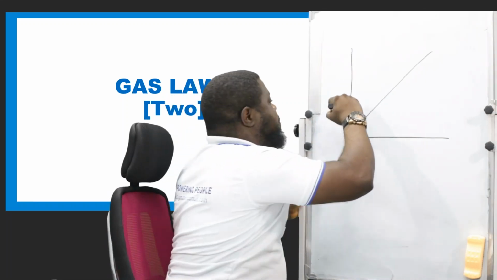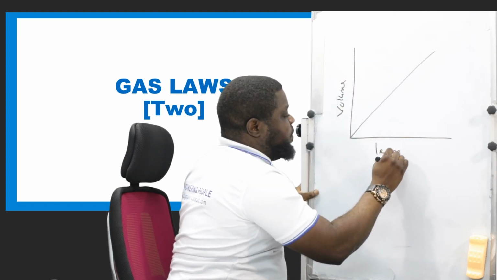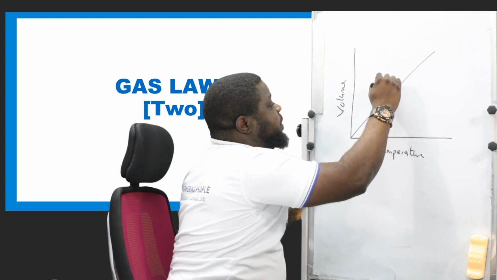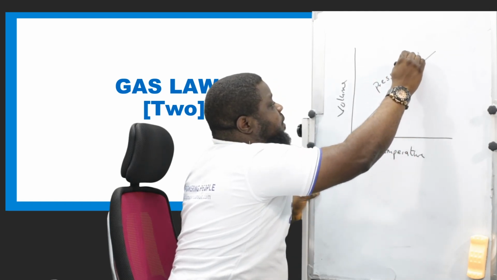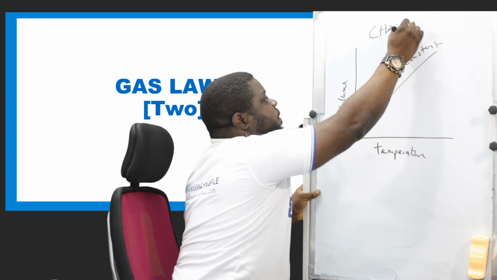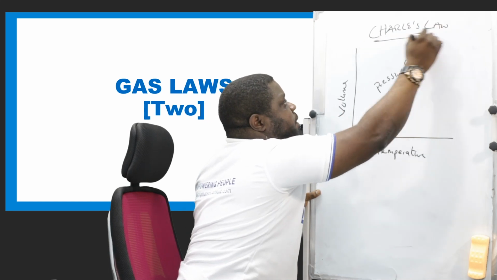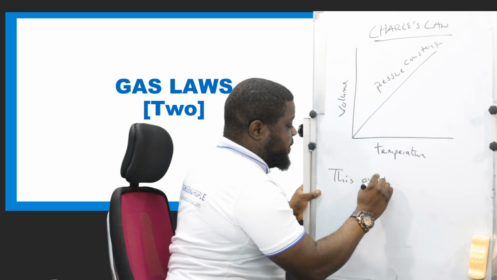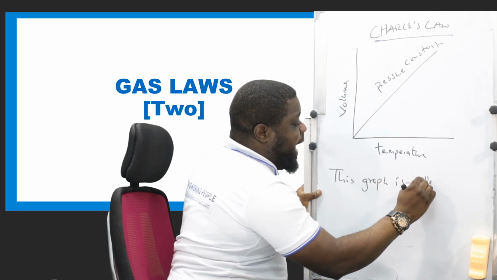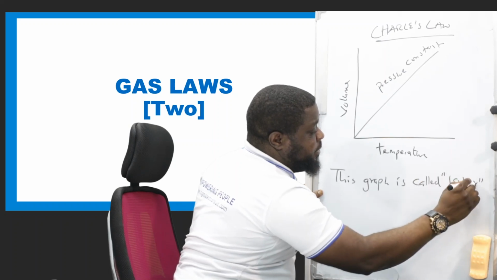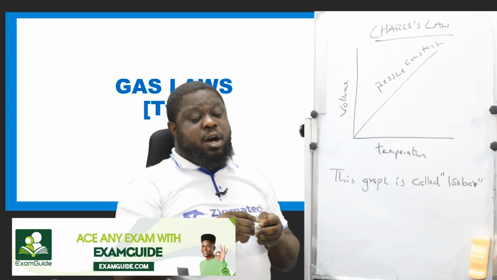Now, this is the volume. This is the temperature. And this is the pressure constant. Charles' law. And this graph is called isobar.